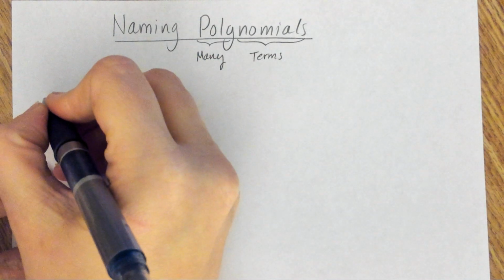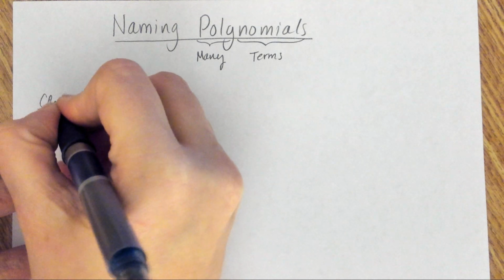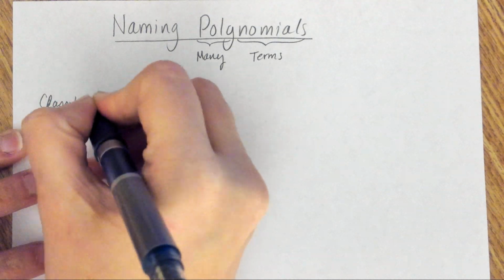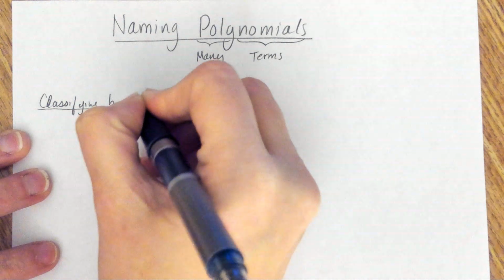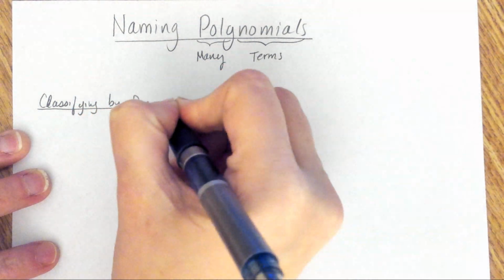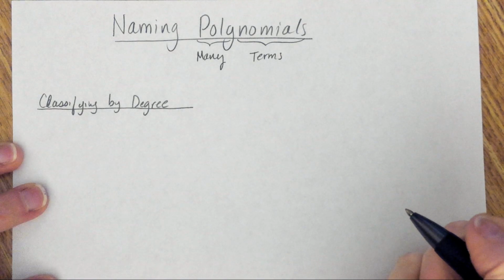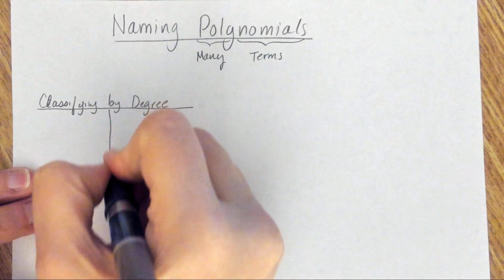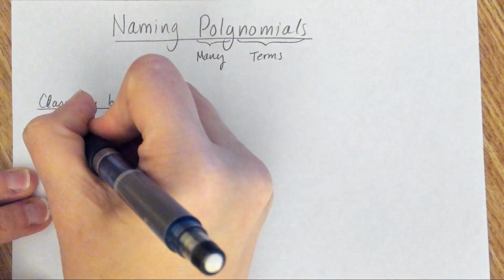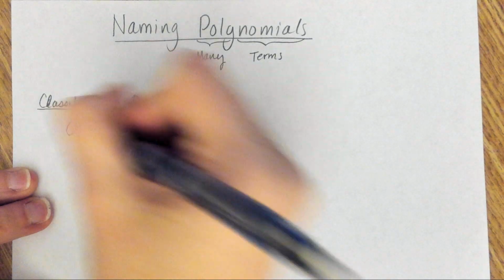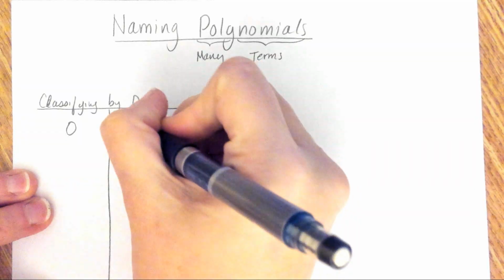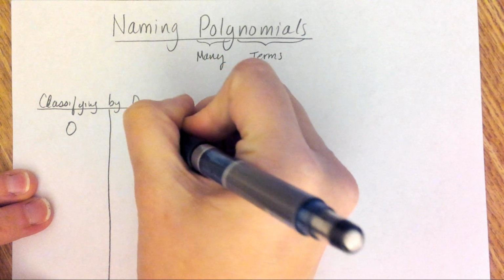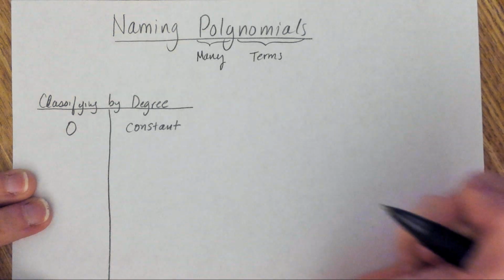and we call that classifying by degree. The degree is the exponent that you see above it. If the highest exponent is 0, we're going to call that a constant. What does that mean when we see an exponent of 0?